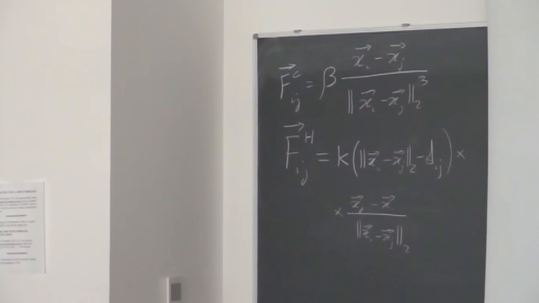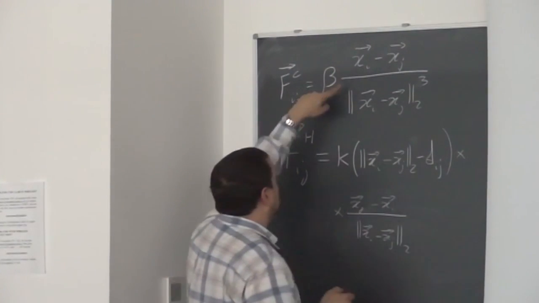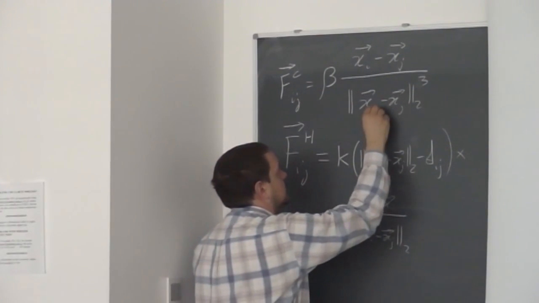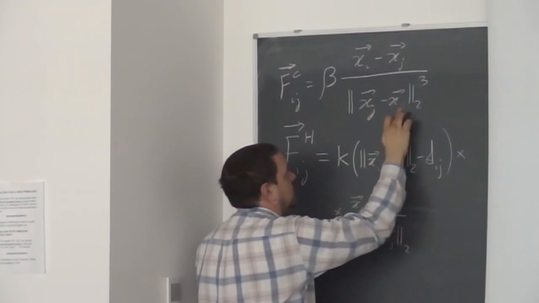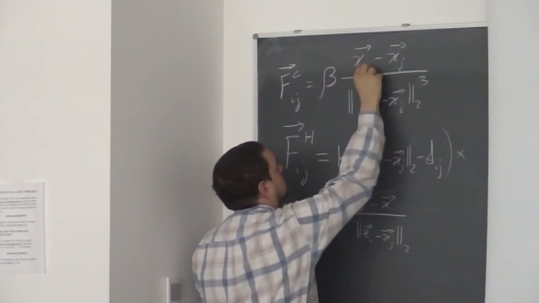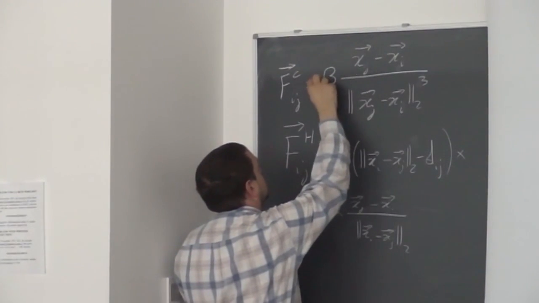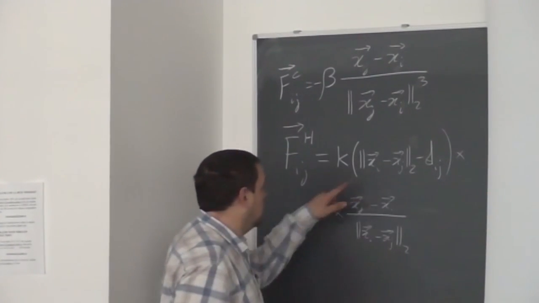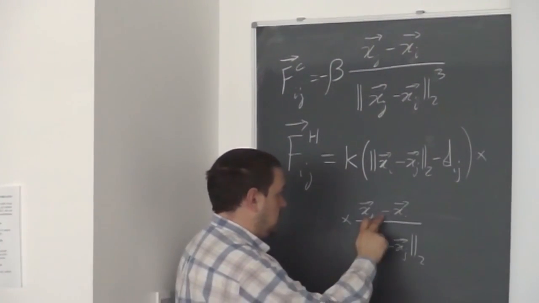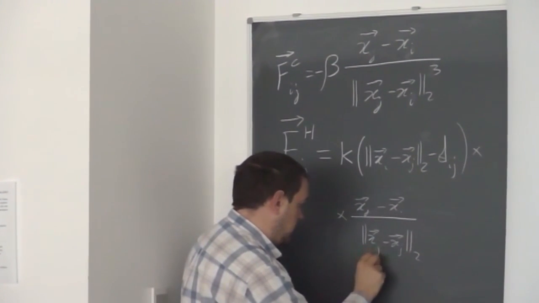About the signs, we will see probably. Okay, let me do this. Let's always write xj minus xi. So this becomes negative. Here xj minus xi.